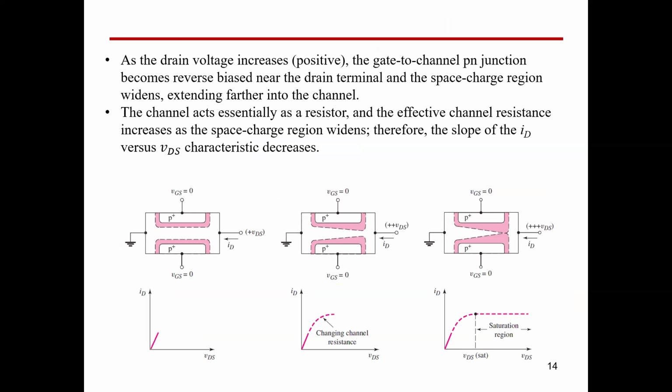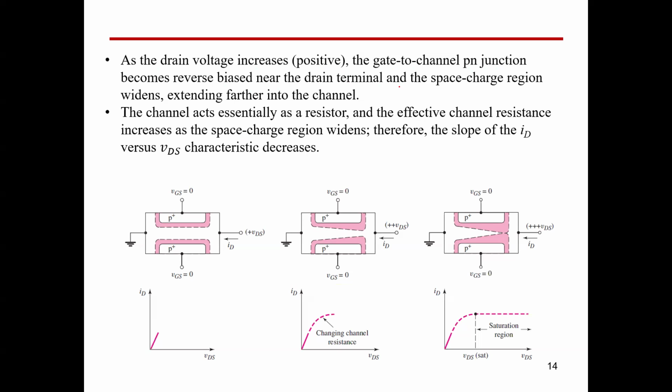Now, let's increase the drain to source voltage gradually, in order to jump to another region, not only the linear region of the JFET. As the drain voltage increases, in positive value for sure, the gate to channel PN junction becomes reverse biased near the drain terminal.